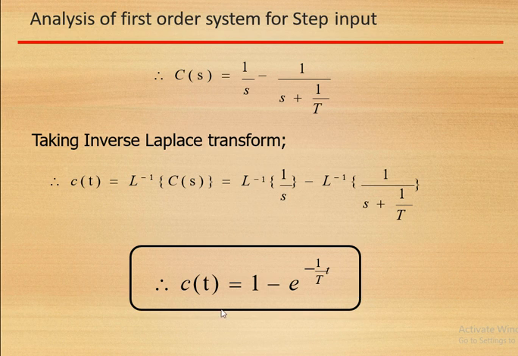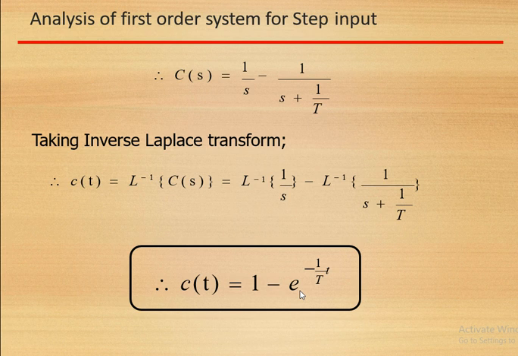In the time domain we have got this equation because we have to put in the values of t and see the behavior of this system. Now keep one important thing in mind: we are doing the analysis of a first order system for a step input, and by doing all this Laplace transform and inverse Laplace transform, finally we have got the time domain equation c(t) equal to 1 minus e raised to minus 1/T into t.